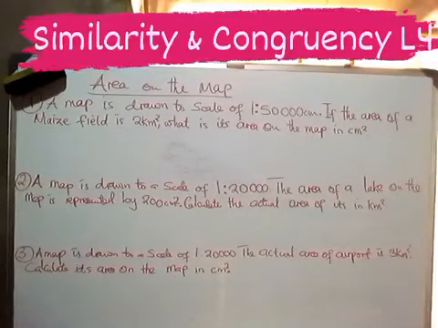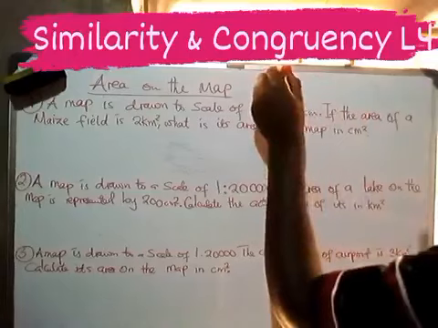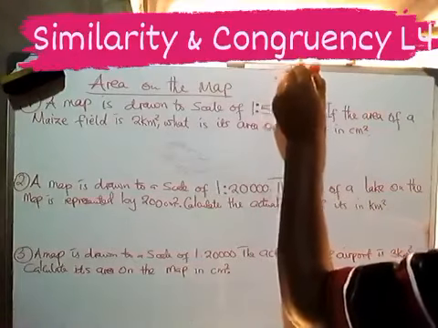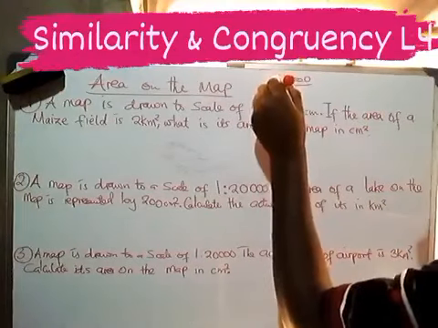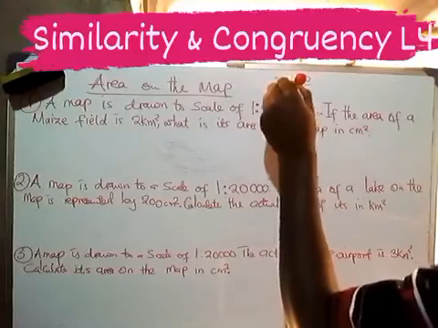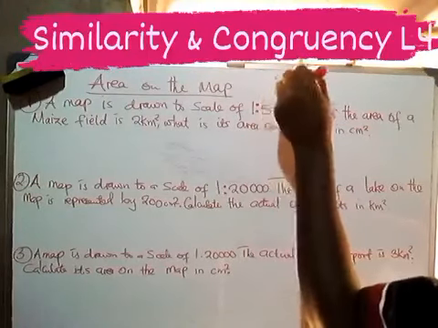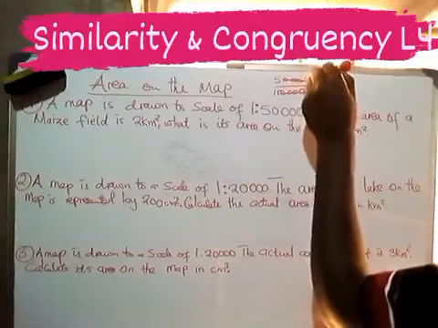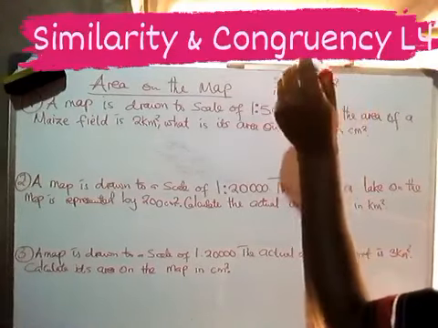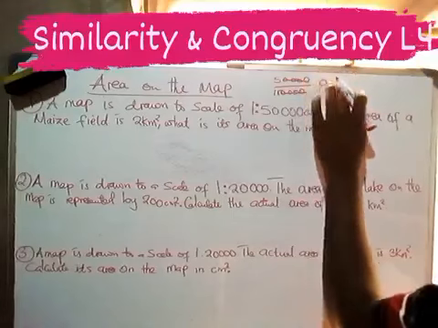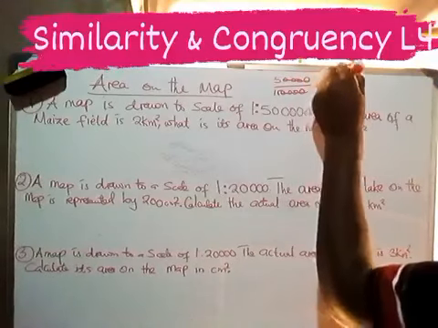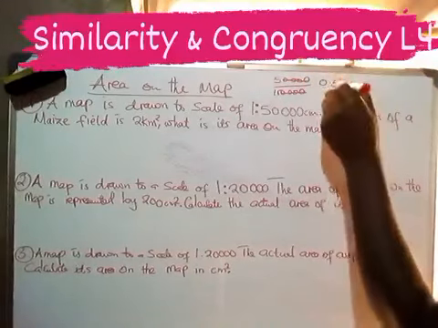It is the same as saying 50,000 divided by 100,000. So all these 4 zeros will go, then 10 into 5, we are going to have 0.5 kilometers.